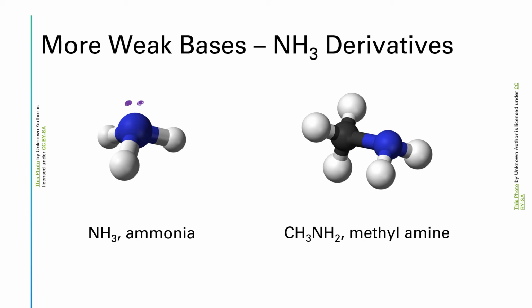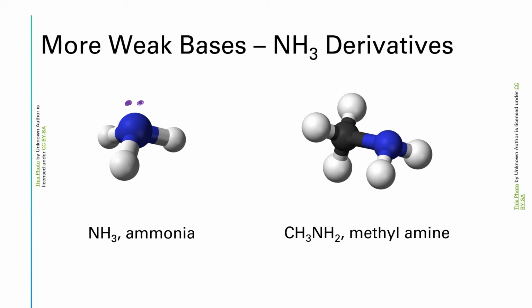So many, many weak bases can be thought of as ammonia molecules which have had one or more of those hydrogen atoms substituted by an organic group. We'll put some sort of carbon-hydrogen chain onto the ammonia molecule in place of one of the hydrogens.